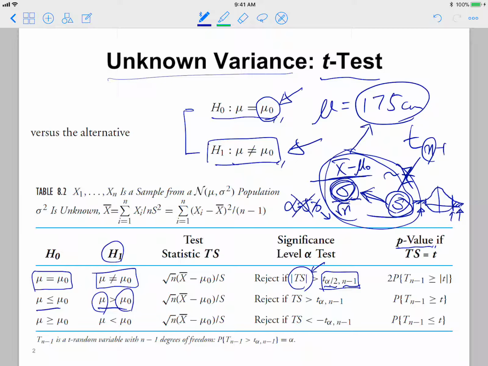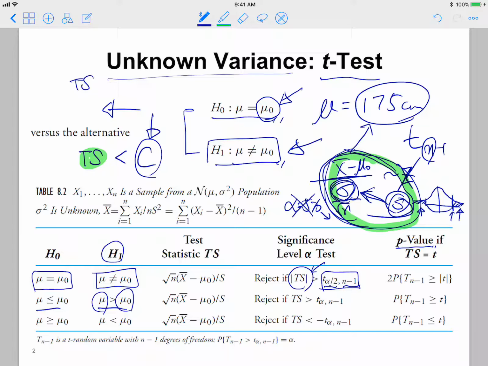In that case, the acceptance region will be something like this: if the test statistic is smaller than a particular value, let's call it c, which is our critical value or threshold value, then we accept the null hypothesis.